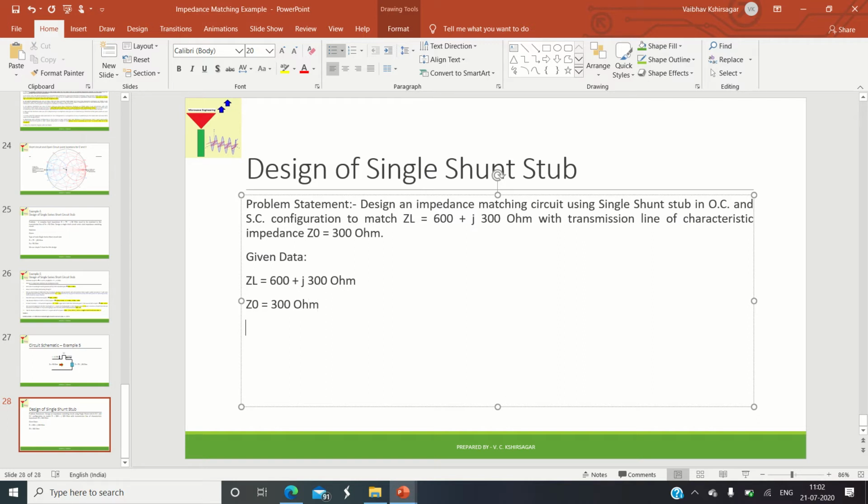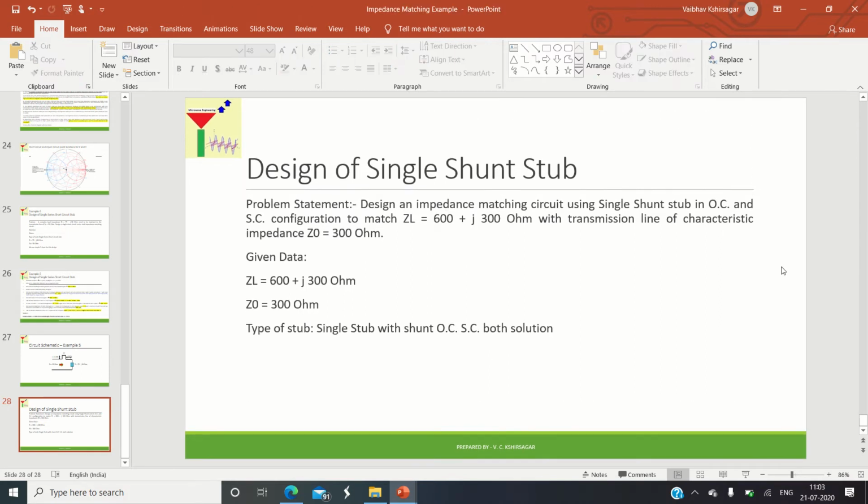And the type of stub is a single stub with shunt configuration, open circuit as well as short circuit, both solutions. Let us go ahead and design this example using a new Smith chart.